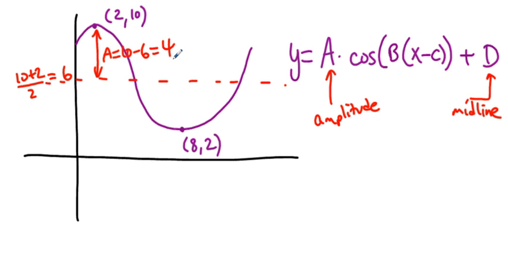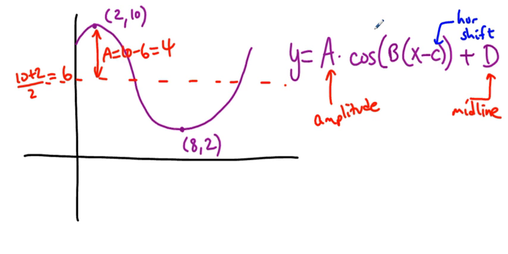And so then we have to ask ourselves what C is. C is the horizontal shift, sometimes referred to in trig circles as the phase shift. Normally a cosine curve will start a cycle at x equals 0, but here we start a cycle at 2, so C must be 2.